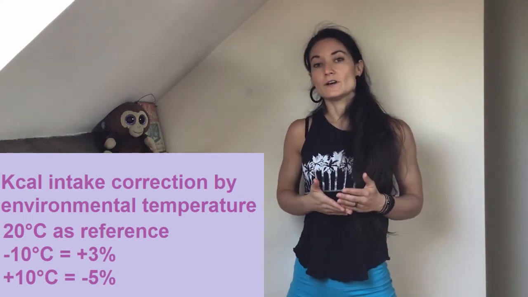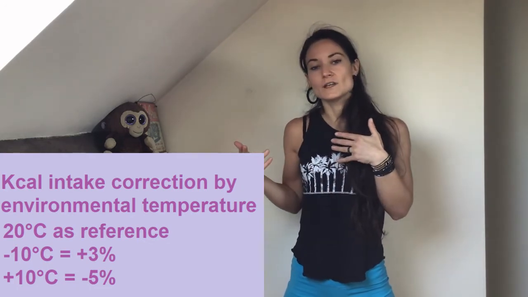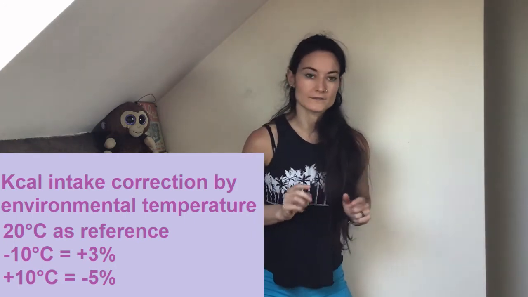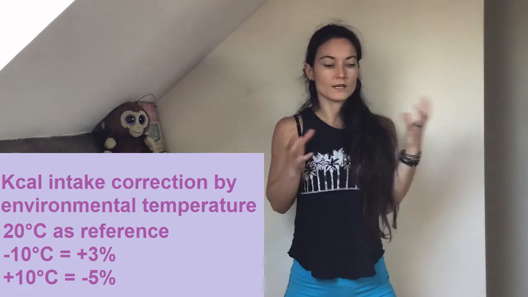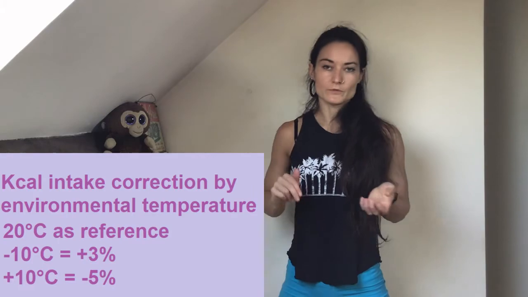However, if we are in a warm environment, then every 10 degrees we have to remove 5%. So if we are at 30 degrees Celsius, then we should take our calorie intake of the day and we should remove 5%.